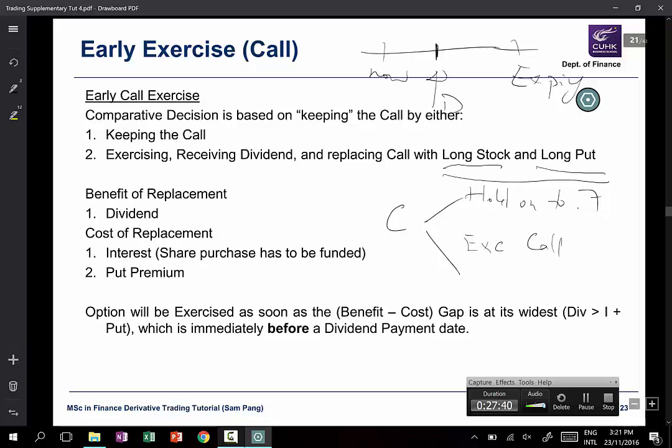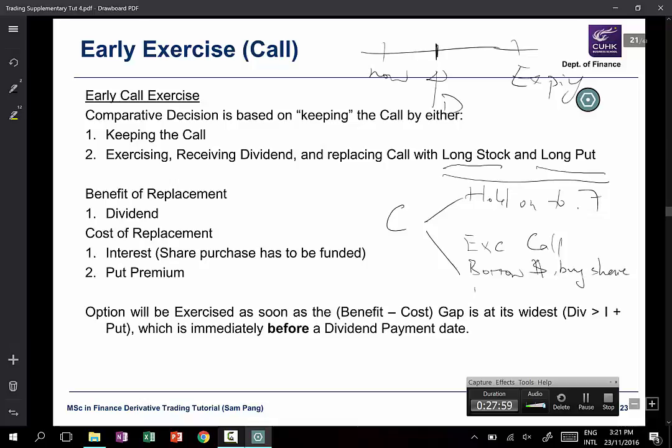You're going to buy shares. You actually need to borrow money. So assuming you're running a trading desk with a zero initial cash balance, you borrow money. Exercise call, borrow money, you buy the shares. In other words, you take delivery.